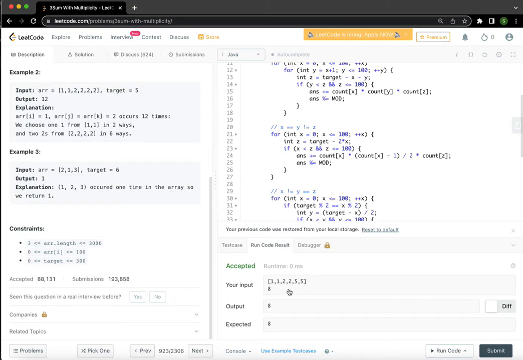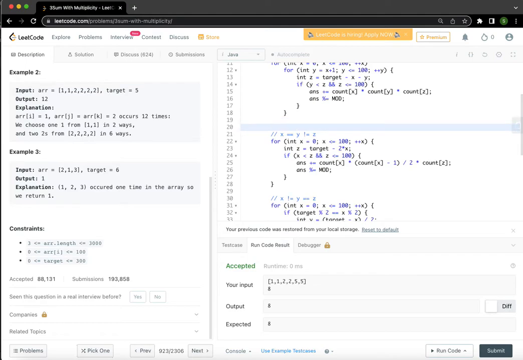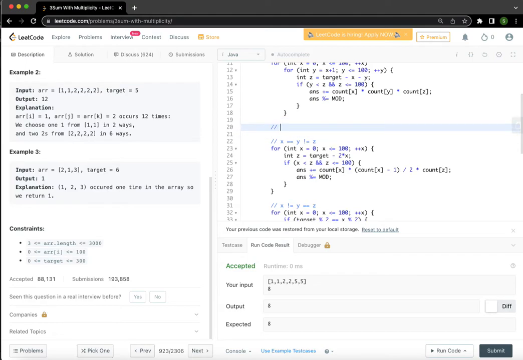Supposedly, if our array was like 1, 1, 1, 1 and then 2 and 2, and the target that we need is 3.